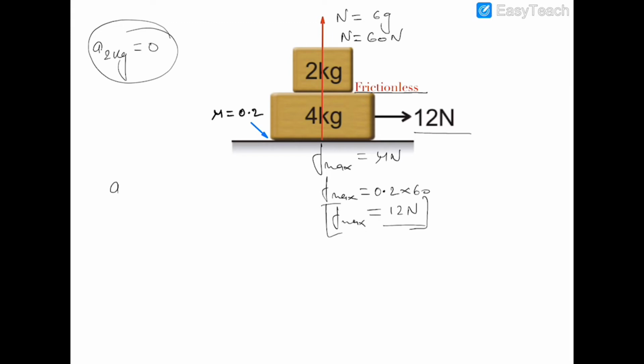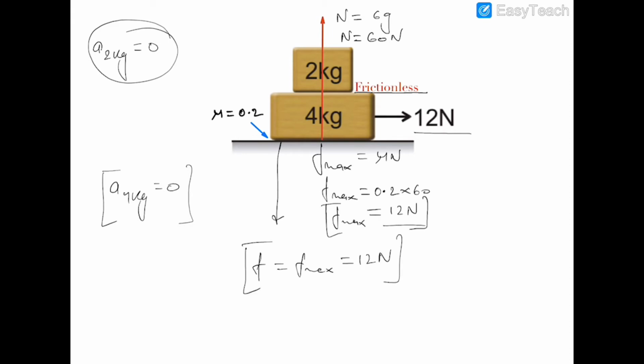Therefore the 4 kg block will also not slide, and its acceleration will be 0. The friction acting on it will be equal to the maximum friction, which is also 12 newtons. So these were the answers, and now we move on to the next question.